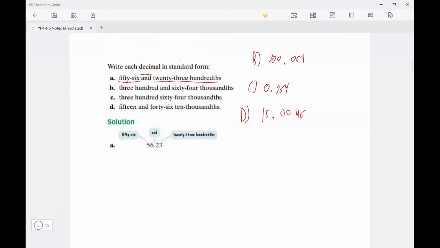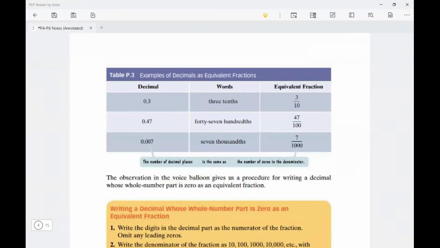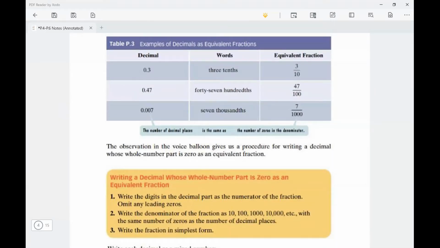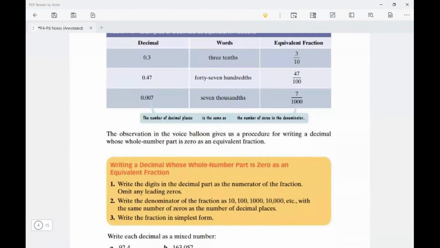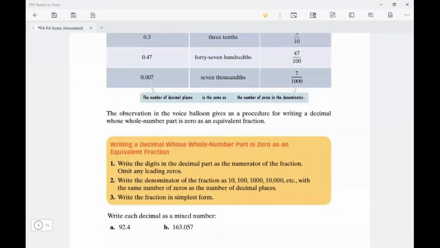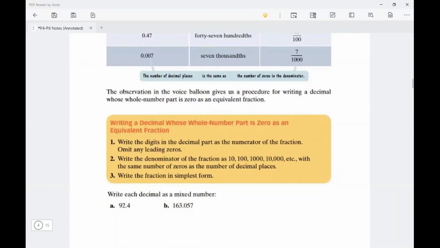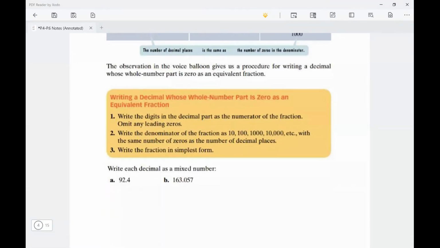Okay. We can move on to looking at examples of decimals as equivalent fractions, right? So we're going to transition back and forth between decimals and words and fractions, right? So I'm going to look at writing a decimal whose whole number is 0 in an equivalent fraction, right? So what I'm going to do here is we're going to look at some of these numbers, and we're going to write each one as a mixed number, right?